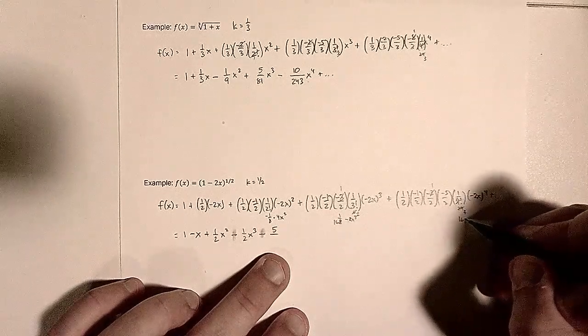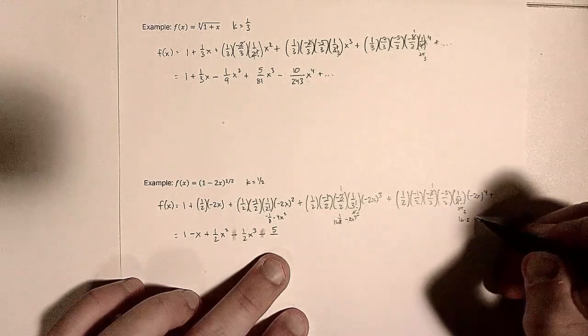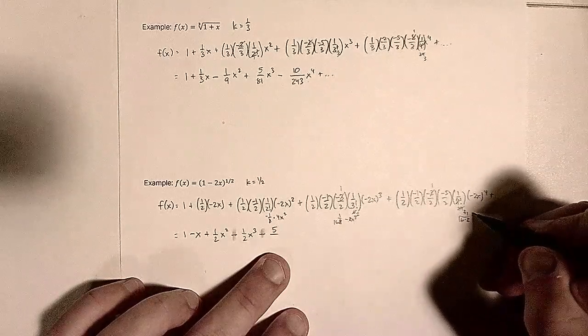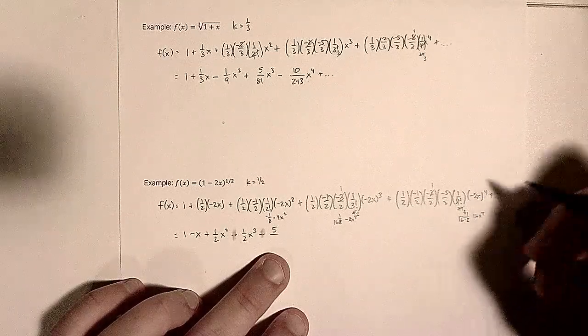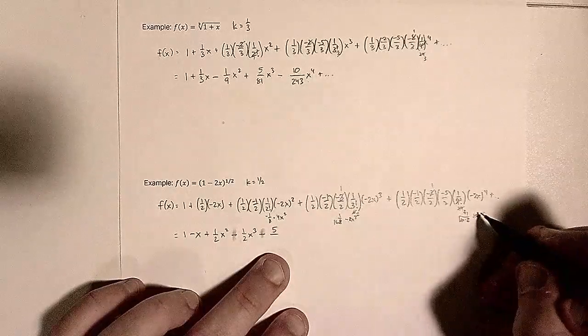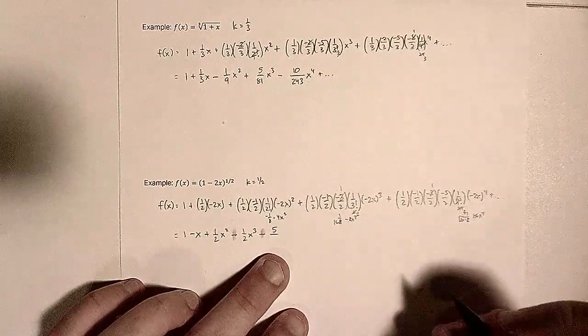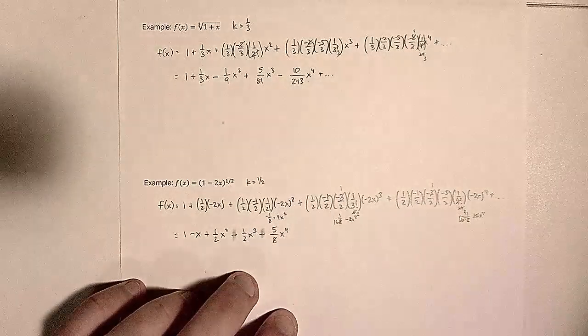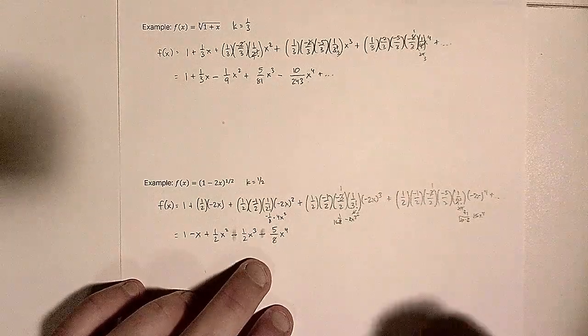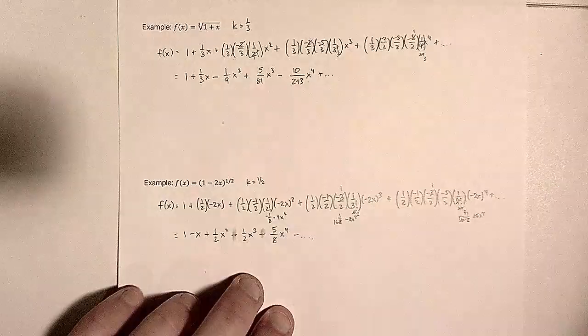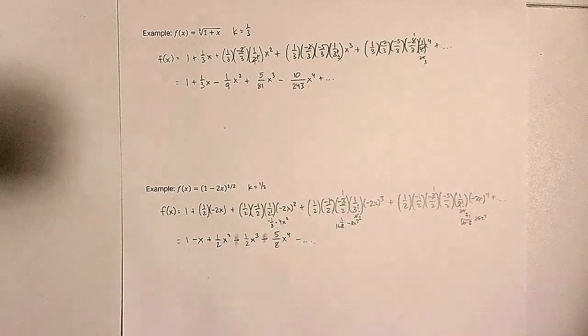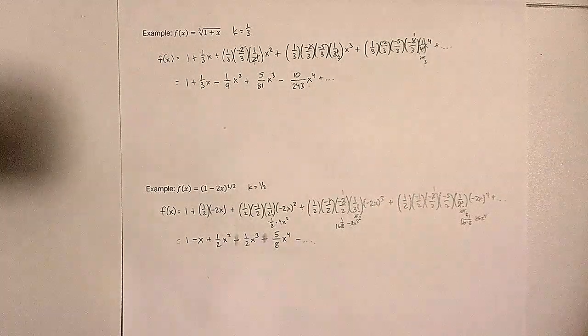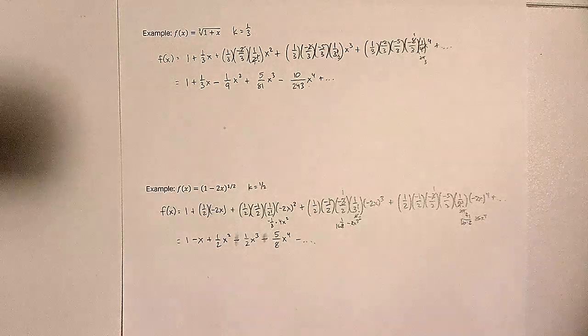So let's do this. 16 times 8 times 16x to the 4th. Well, that's pretty easy. We can get rid of the 16s that way. And you get 1/8 times that 5 gives you 5/128 x to the 4th. And the next term will be negative, and so on. And so that is how you do the binomial series expansion, the Maclaurin series, and the Taylor series.